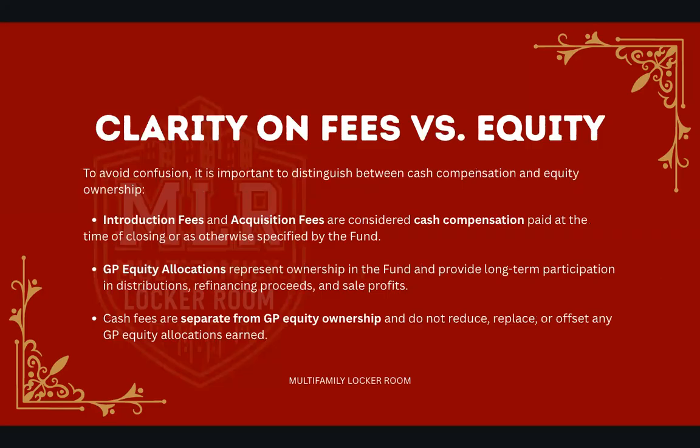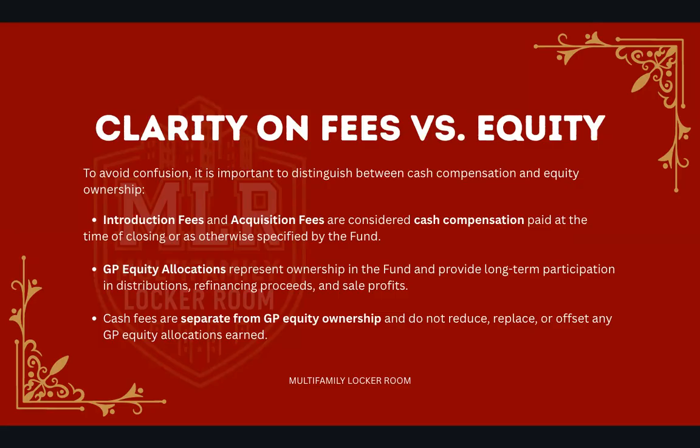Now, to avoid confusion, it's important to distinguish between cash compensation and equity ownership. Introduction fees and acquisition fees are considered cash compensation paid at the time of closing, or as otherwise specified by the fund. GP equity allocation represents ownership in the fund and provides long-term participation in distributions, refinancing proceeds, and sale profits.